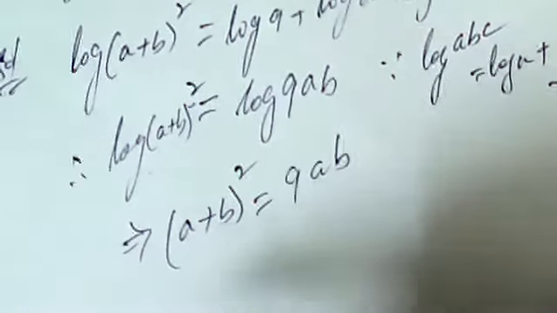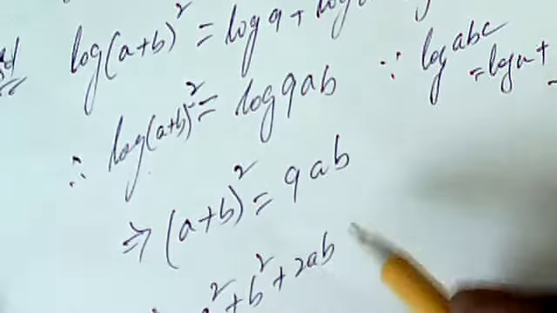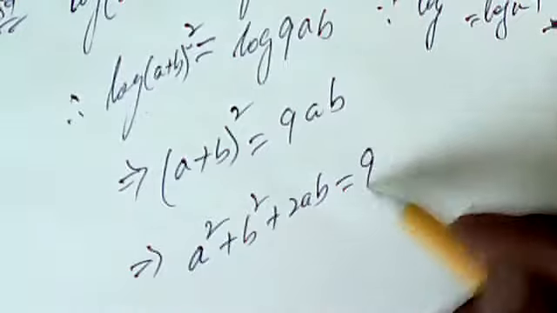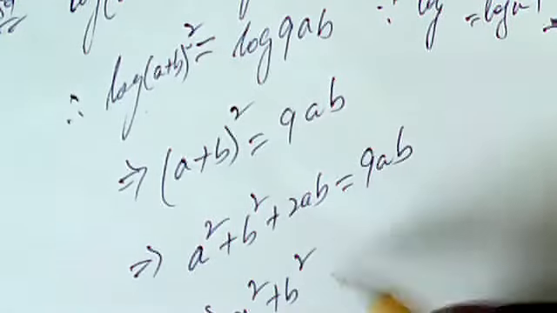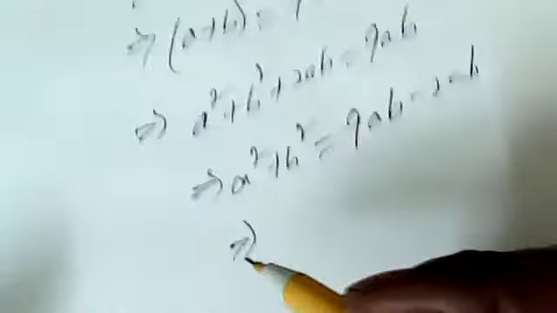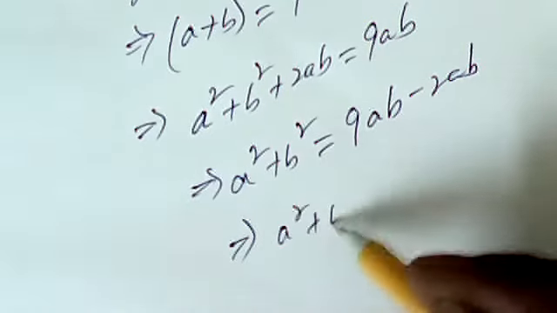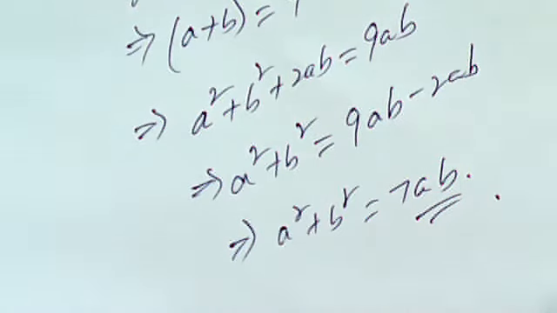So in turn, a square plus b square plus 2ab is equal to 9ab. This again implies 9ab minus 2ab. A square plus b square is equal to 7ab. This is your answer: a square plus b square is 7ab.